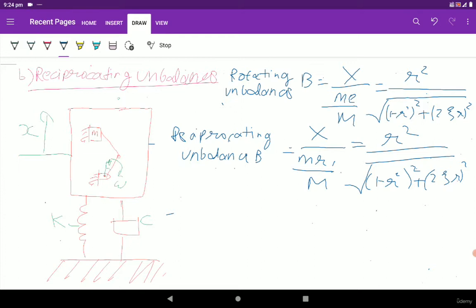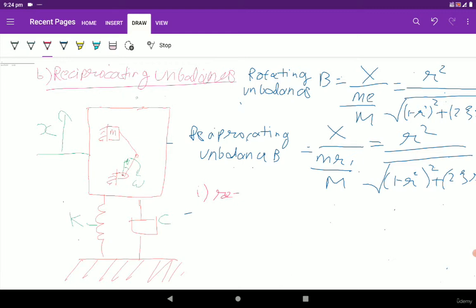Now there are some special cases. The first case is if r is equal to 0, that is omega by omega n is equal to 0, so we can say that omega is equal to 0 and B is equal to 0.